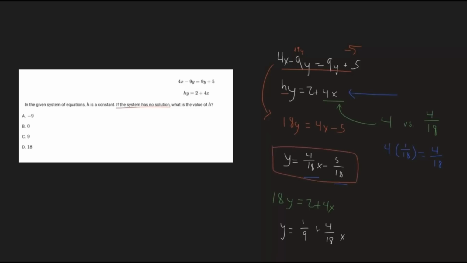We can clearly see that they have the same slope of 4/18, but they have different y-intercepts, as we wanted before. So this one has a y-intercept of negative 5/18. This one has a positive y-intercept of 1/9. This is messy. But because of that, we know the constant h is going to be the letter D, 18.